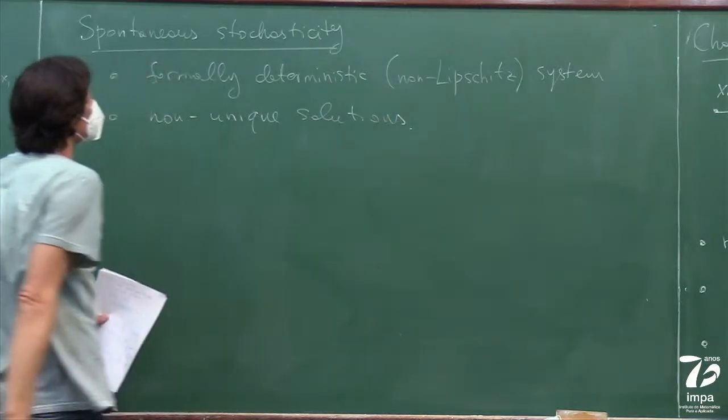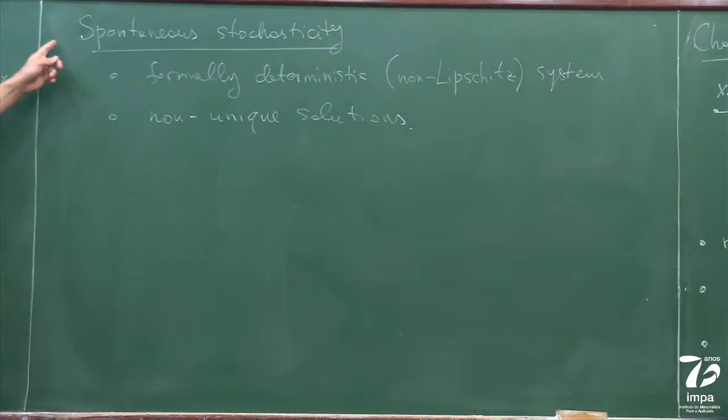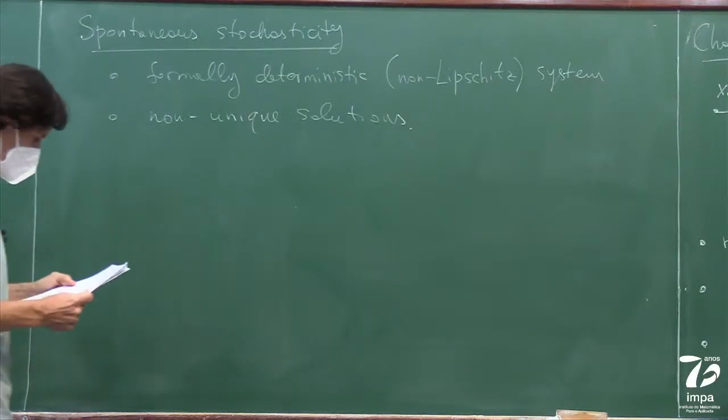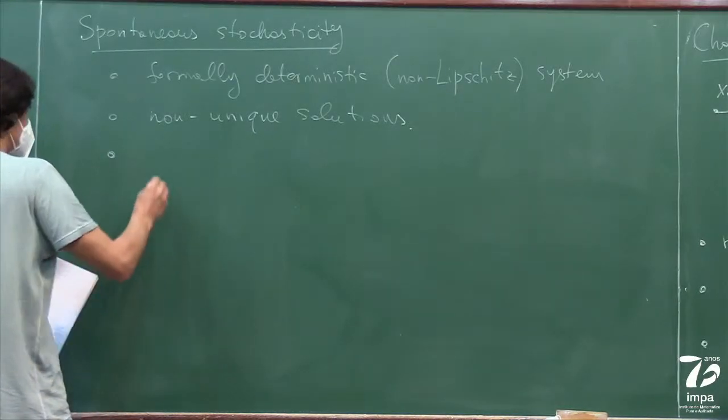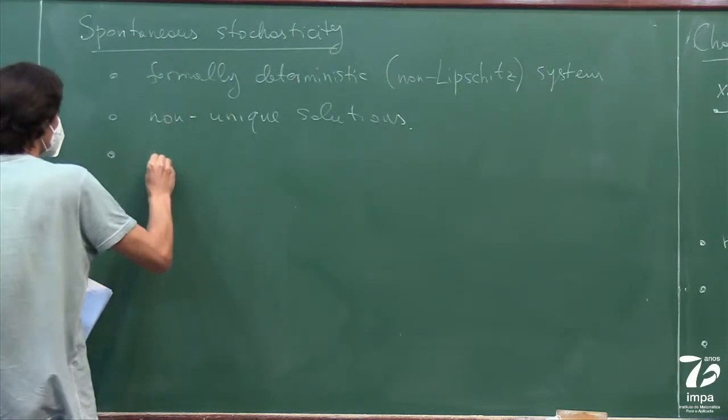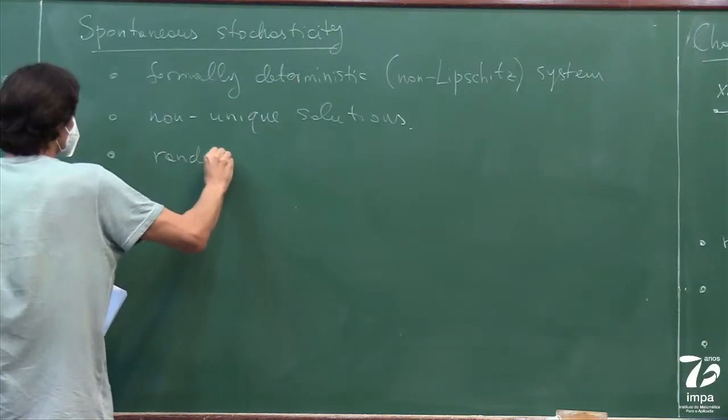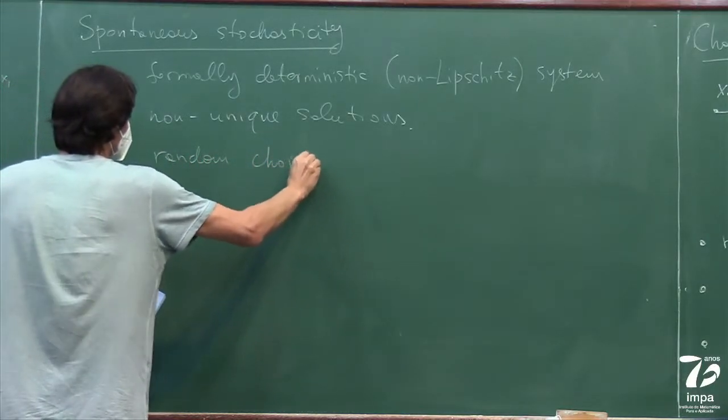So non-unique solutions does not a priori mean that it's spontaneously stochastic, because we saw that in some examples you choose just one of them. So what this system must do is that it realizes a random choice of solutions.